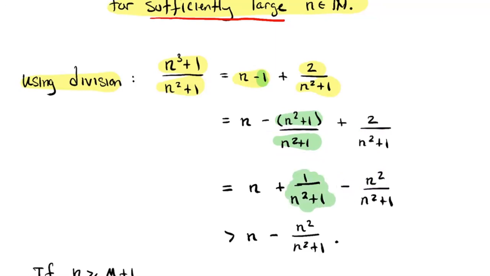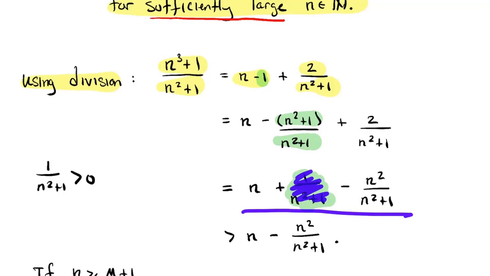That term, 1 over n squared plus 1, is positive. Pardon me. 1 over n squared plus 1 is a positive number for all n. So if I omit it from this expression, yeah, there's three things here, and I'm just going to omit it. So omitting a positive number that comes with the sign plus in front of it would make the quantity smaller.